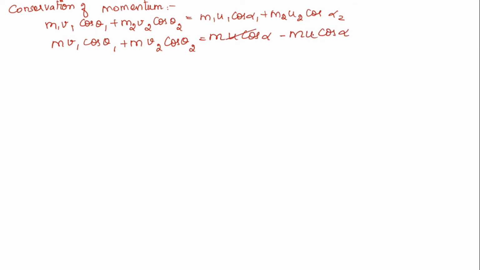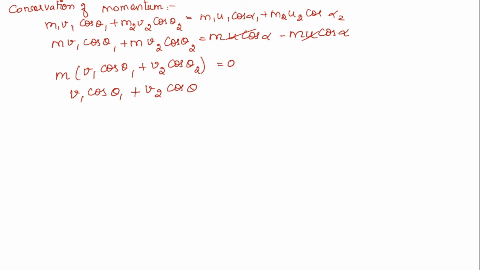So these two will get cancelled. m is common so you can take it outside. m into v1 cos theta 1 plus v2 cos theta 2 equal to 0. See, m is mass. Mass cannot be equal to 0. So this term must be equal to 0. So v1 cos theta 1 plus v2 cos theta 2 must be equal to 0. Mark it as equation 4.